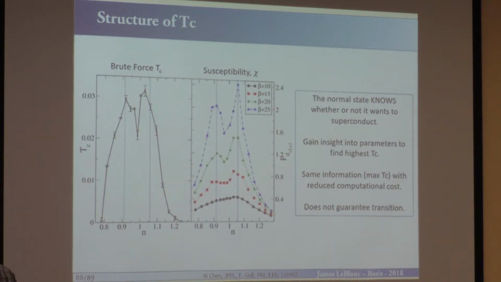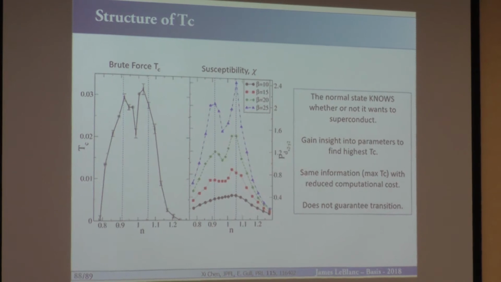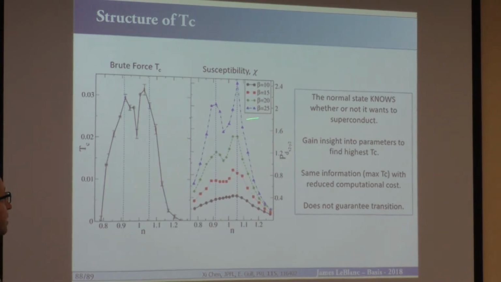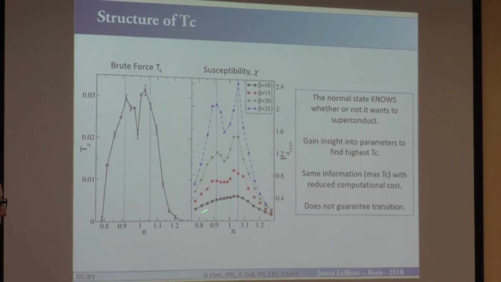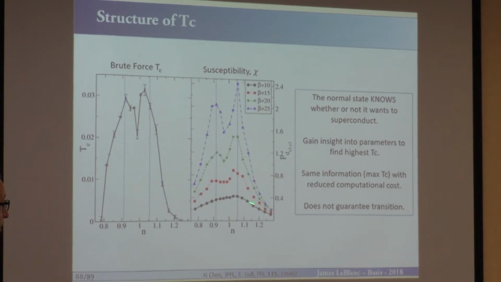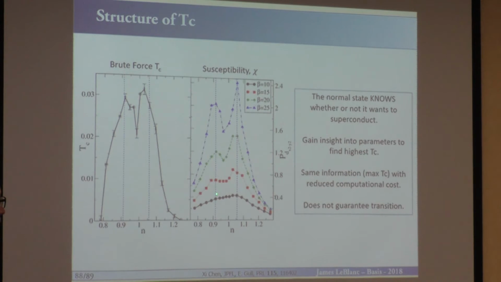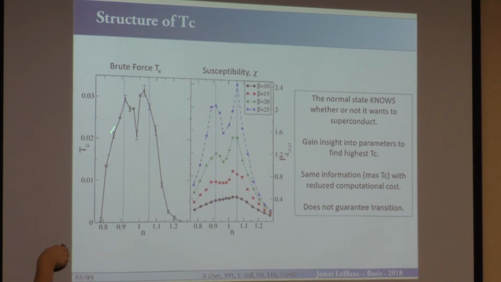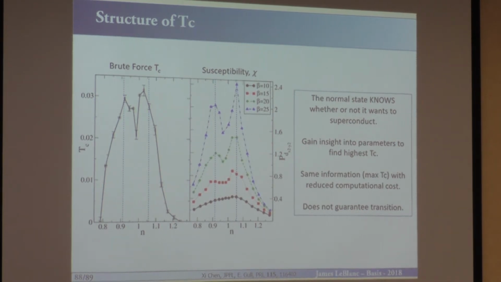So this lets us play a game where we can look at the structure of the transition temperature. On the left is the brute force transition temperature, and on the right is just the susceptibility at different choices of beta. At some very high temperature, it's pretty unstructured. But as you decrease the temperature slightly, you start to see the emergence of those peaked structures. And as you continue down, at some point you're actually going to go through the transition.